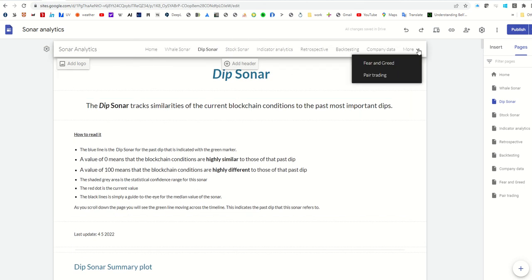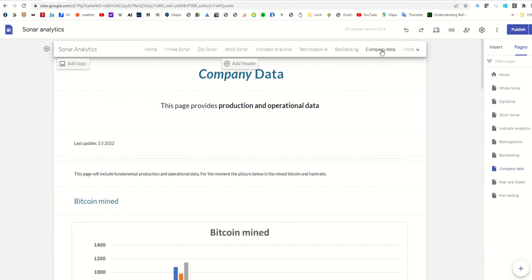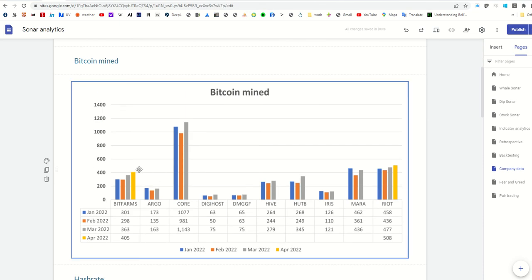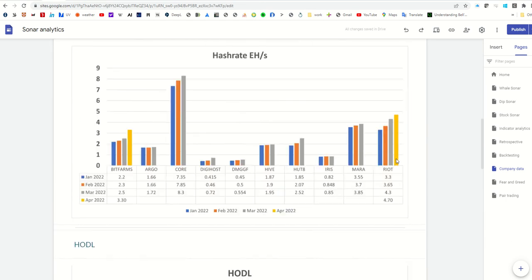The other thing that I wanted to say is that recently we had an update from Bitfarms and Riot with respect to their production. It was the April production, so I've added that. Here is the Bitfarms. We see that they announced that they had 405 Bitcoin mined and Riot 508. So I've added that, and we can see the increase here and here.